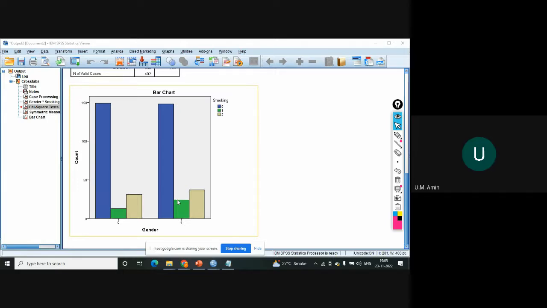One more meaningful insight this test of cross tabulation gives. We all know that for continuous variables or for the Likert scale, we can do the reliability analysis by Cronbach's alpha.